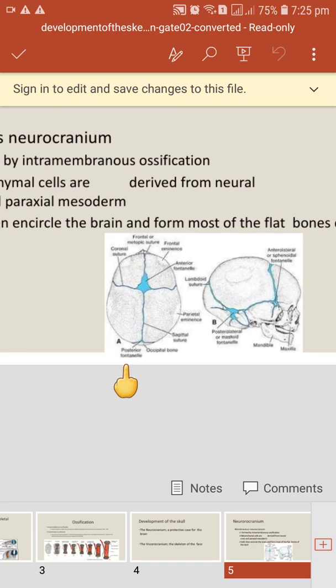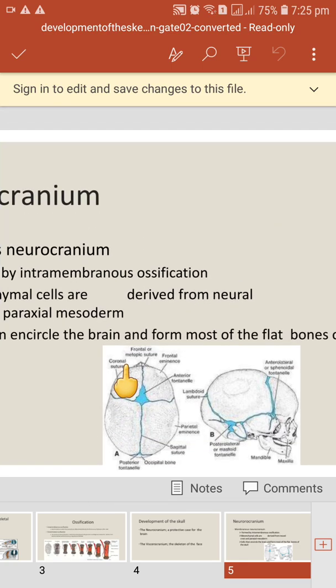You can see here in this diagram some sutures: coronal sutures, the sagittal suture, and fontanelles are shown. Then you can see again the posterolateral or mastoid fontanelle and the anterolateral or sphenoidal fontanelle.